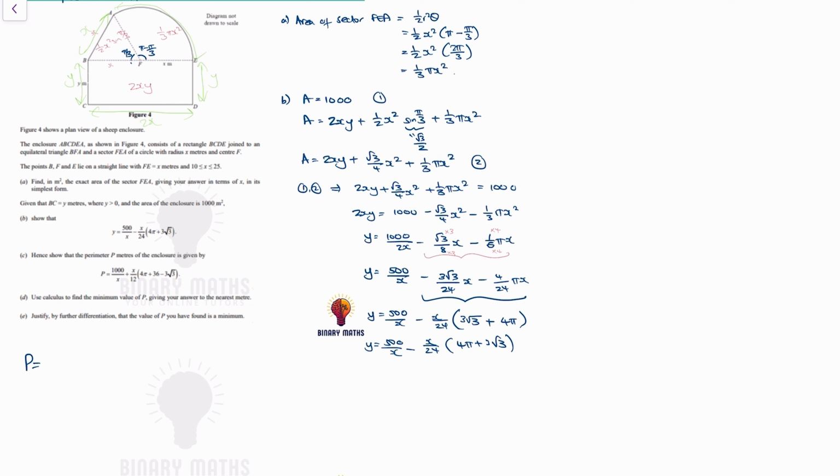Arc length is r theta, so it's x times 2 pi over 3, so 2 pi over 3 times x.